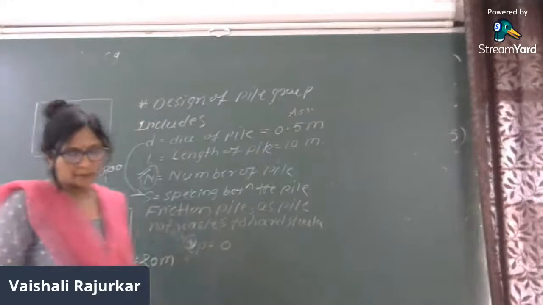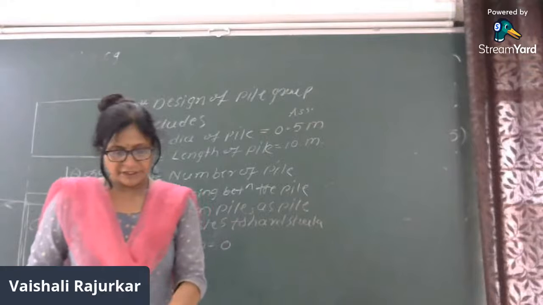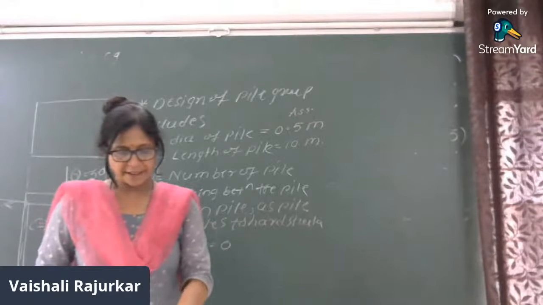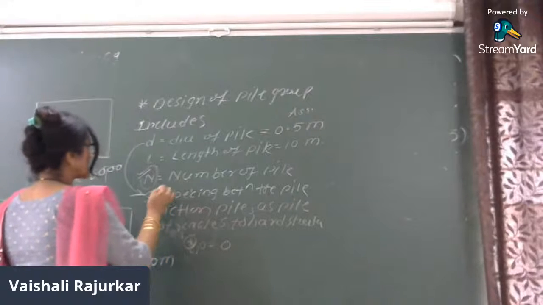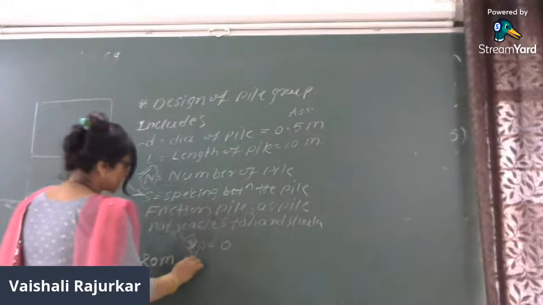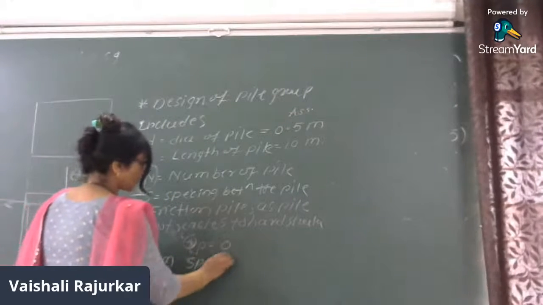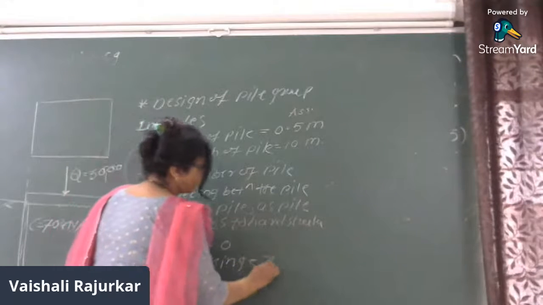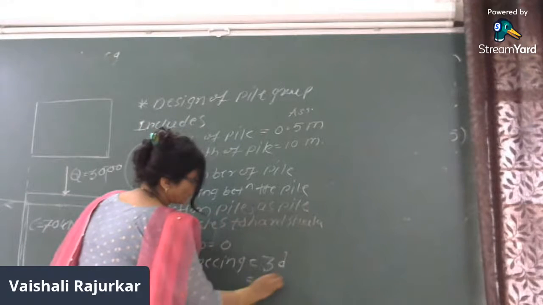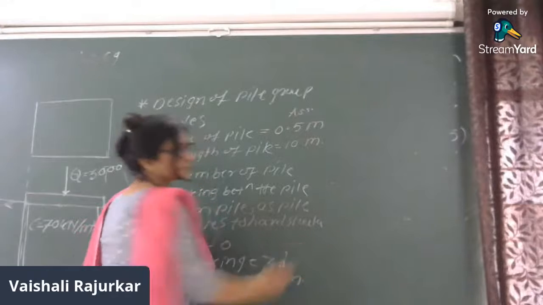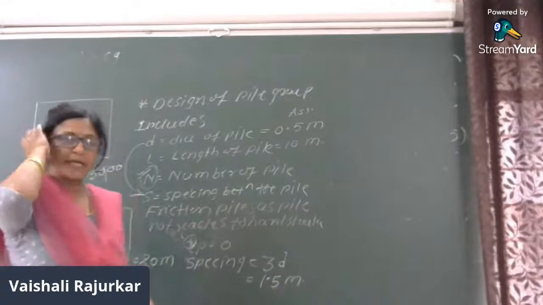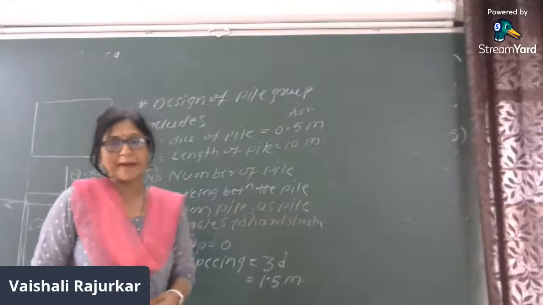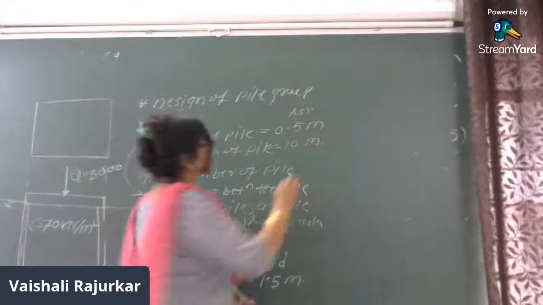Right? So here we will assume the spacing is 3D, so it is found to be 1.5 meters. Then further, when we calculate the load carrying capacity of a pile group, what is the criteria?